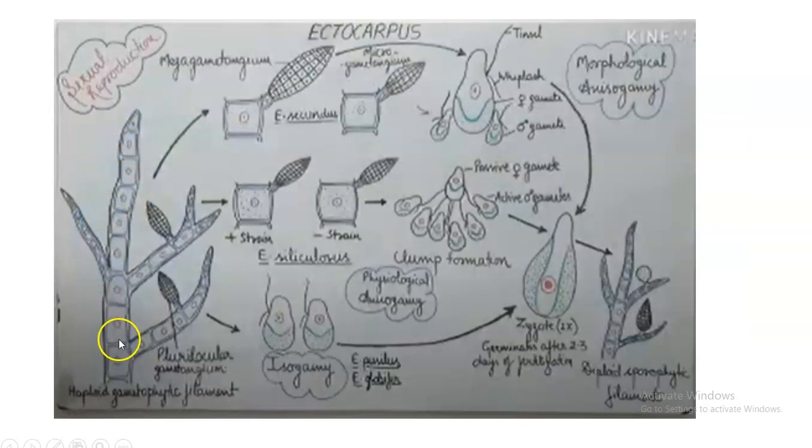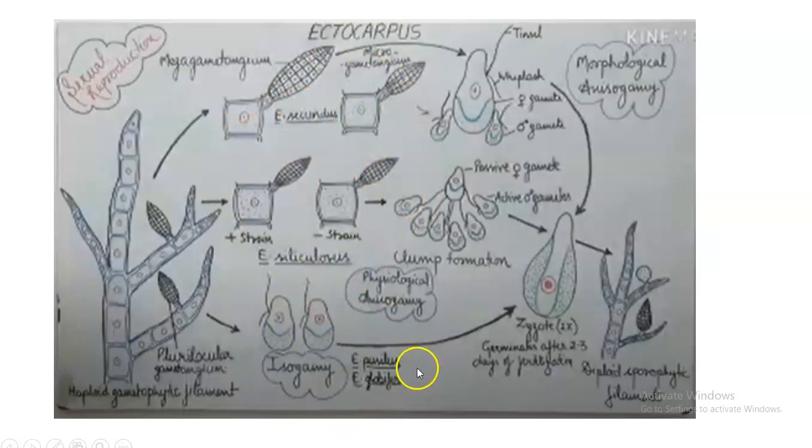Now coming to the sexual reproduction cycle, as we already discussed, only this haploid gametophytic filament takes part in the sexual reproduction process. There are two kinds of reproduction mode present in Ectocarpus. One is the isogamous mode, and the other is the anisogamous mode of sexual reproduction.